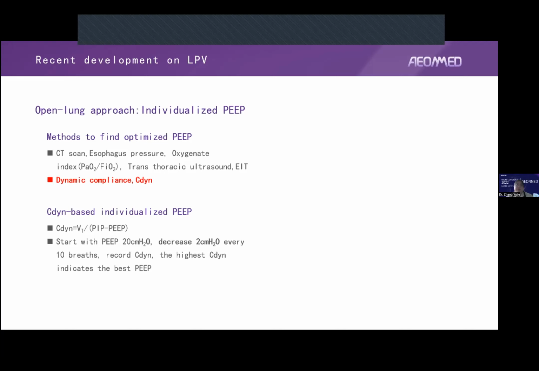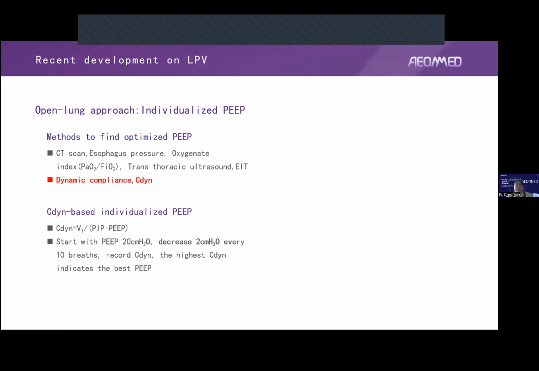Compared to all these methods, the pulmonary dynamic compliance is more convenient and popular in recent studies. Just like I said, in the 2018 iPROVE study, they used the dynamic compliance too.